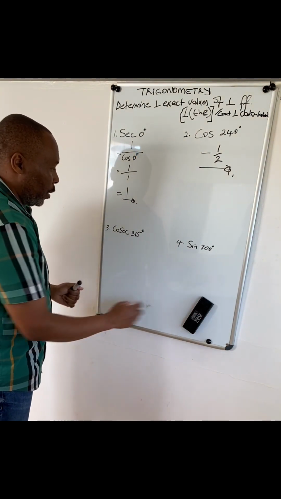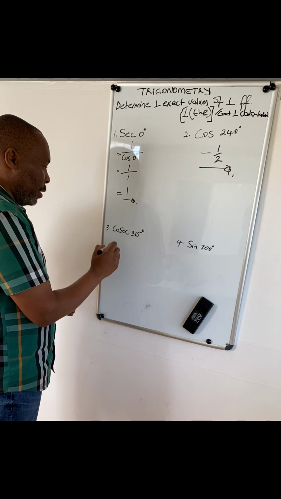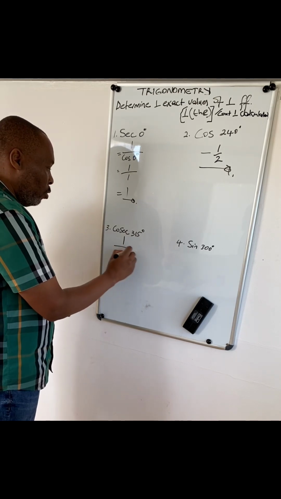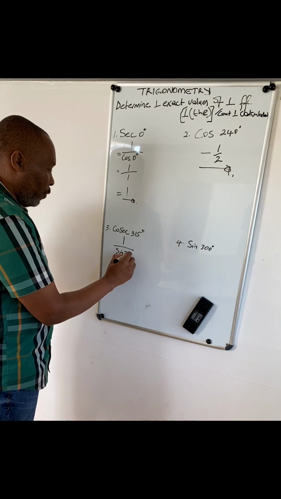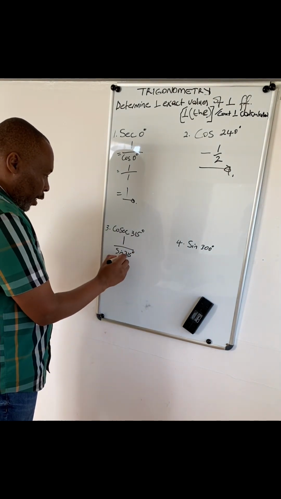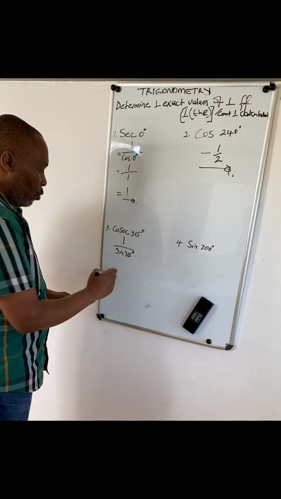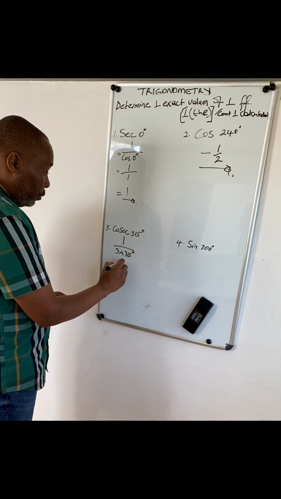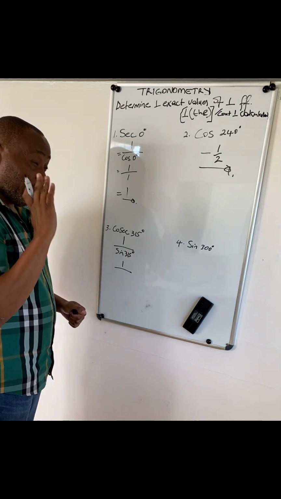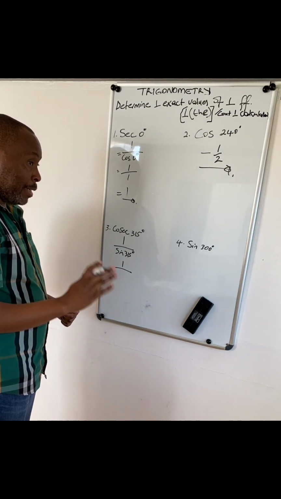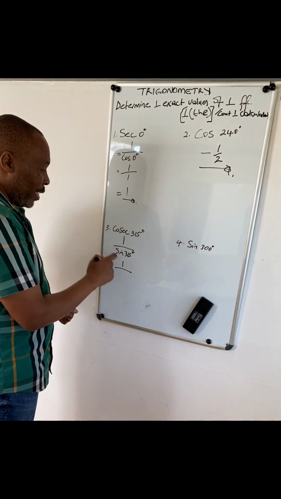Cosec 315. Cosec is the inverse, 1 over sine 315 degrees. 315 degrees is in the fourth quadrant, and in the fourth quadrant only cos is positive. Therefore, sine is negative.